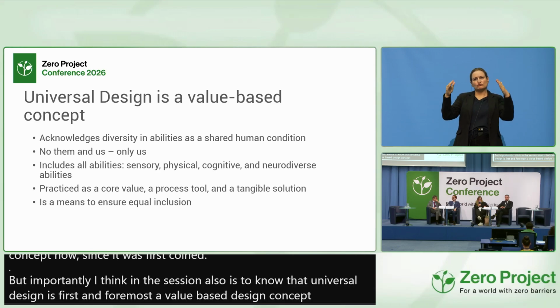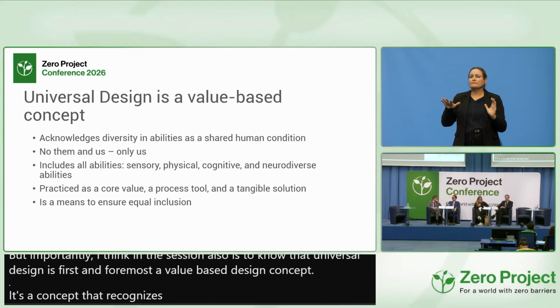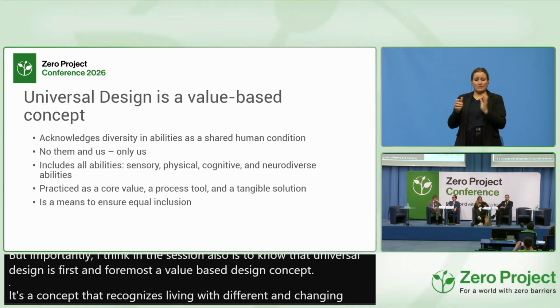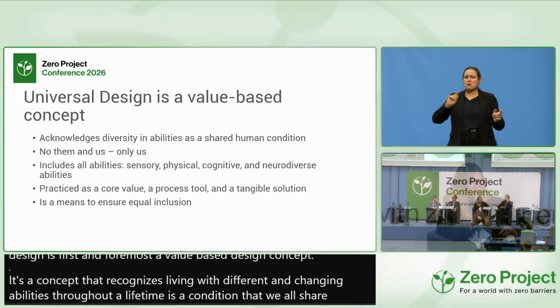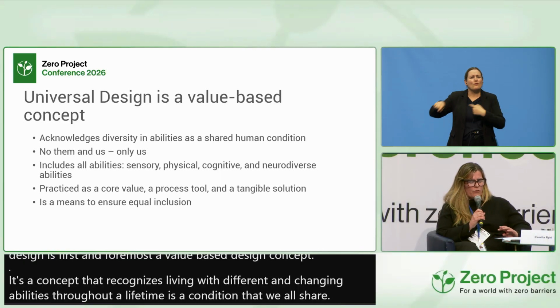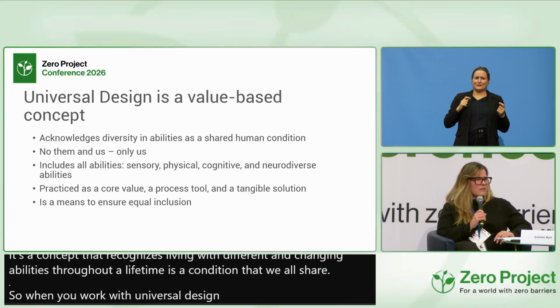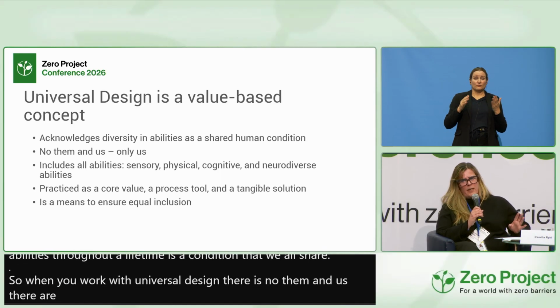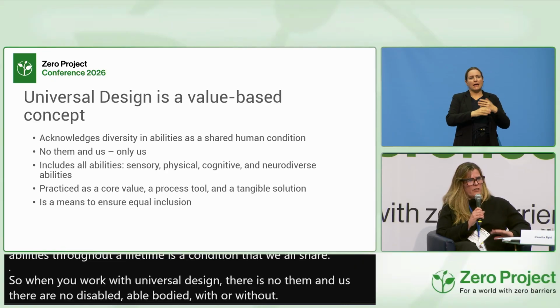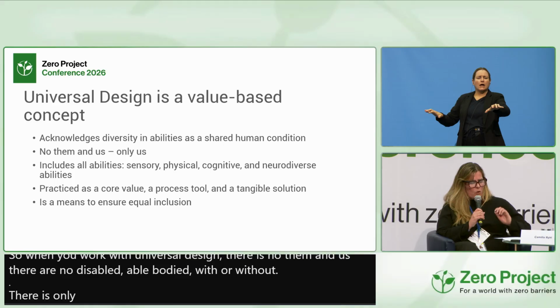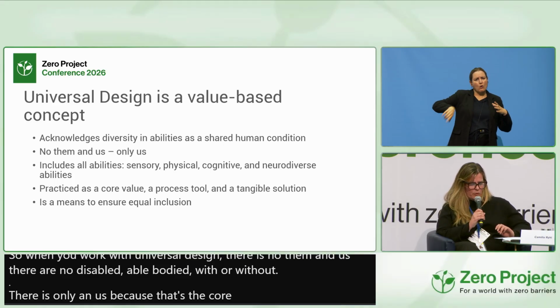It's a concept that recognizes living with different and changing abilities throughout a lifetime is a condition that we all share. So when you work with universal design, there is no them and us. There are no disabled, able-bodied, with or without. There is only an us, because that's the core of the intention of the concept.